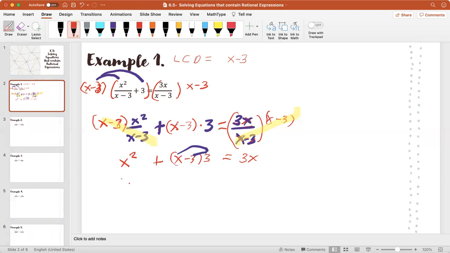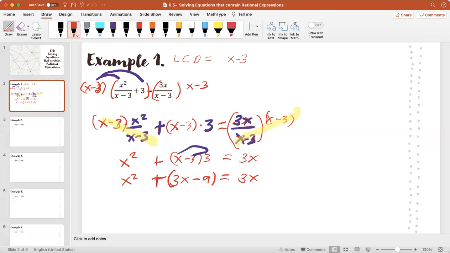From your left side, we have x squared plus, by distributive property, 3x minus 9. That's equal to 3x. All right, let's just use parentheses there, because if this is minus, then we have to change the signs.